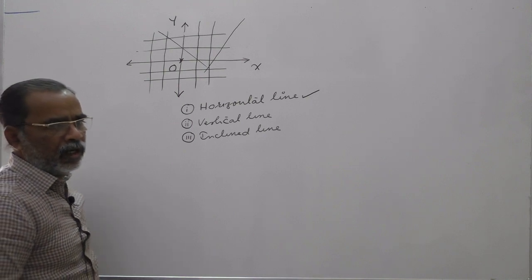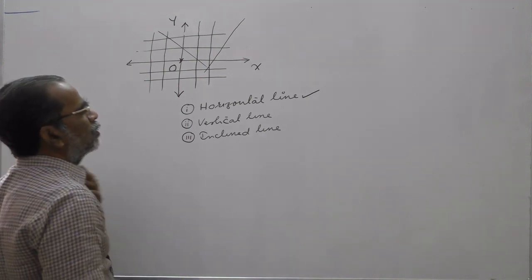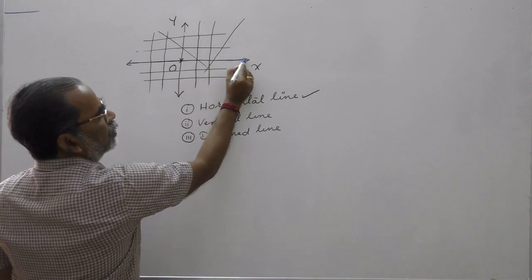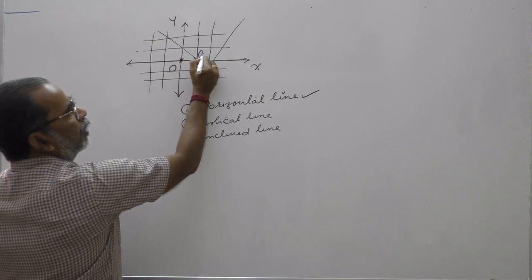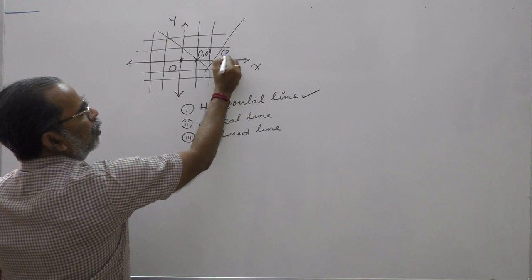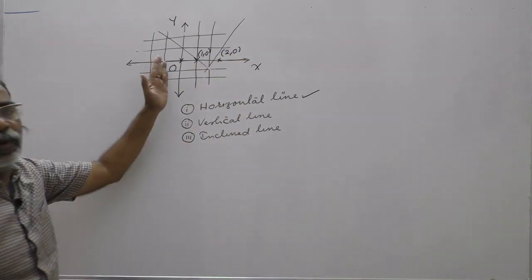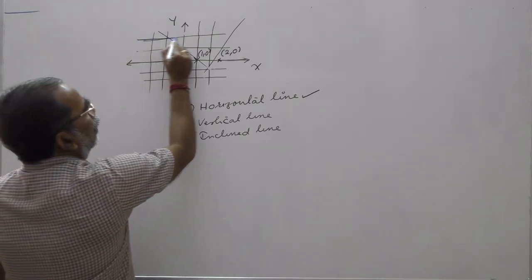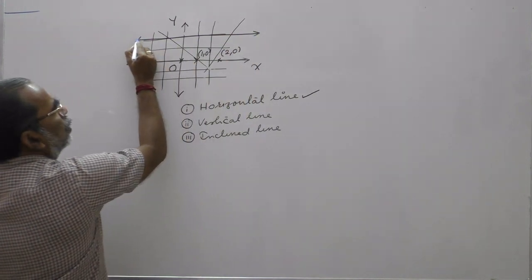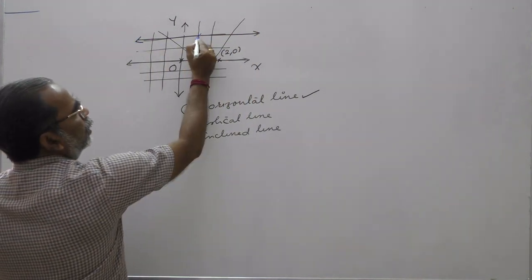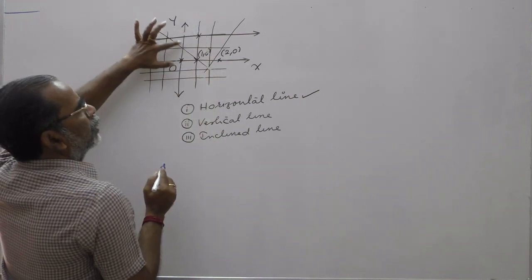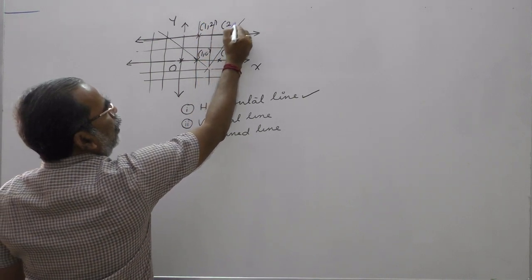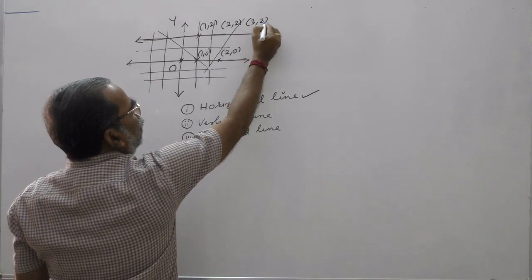One of their properties: if you take x-axis, points on x-axis will be (1, 0), (2, 0), (3, 0), (-1, 0), (-2, 0), etc. If you take another horizontal line, for example at a distance of 2 on y-axis, the points will be (1, 2), (2, 2), (3, 2), etc.